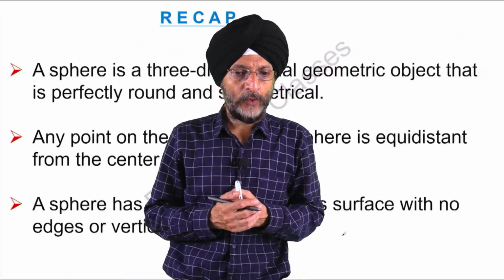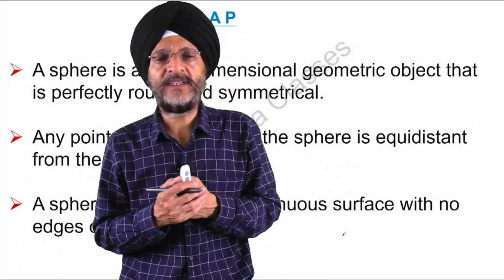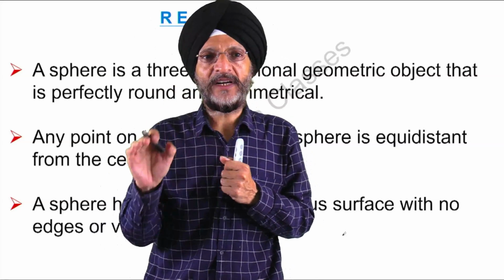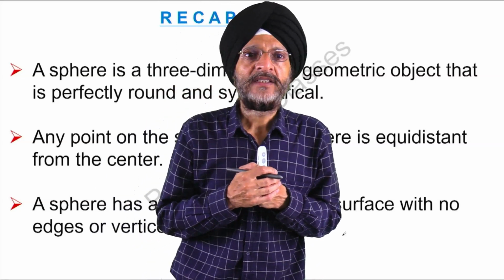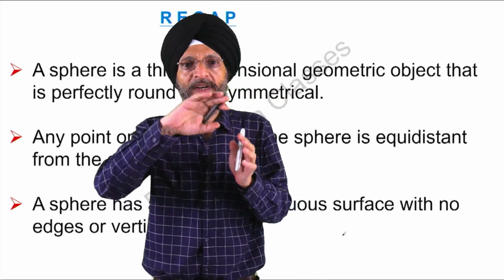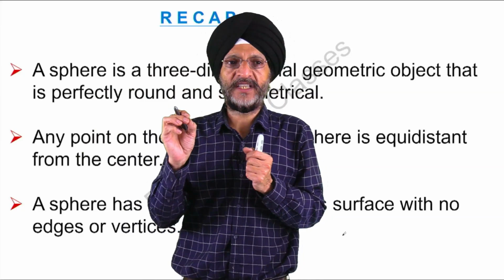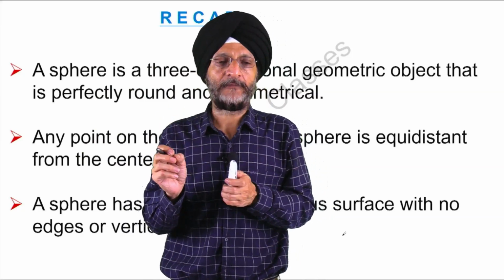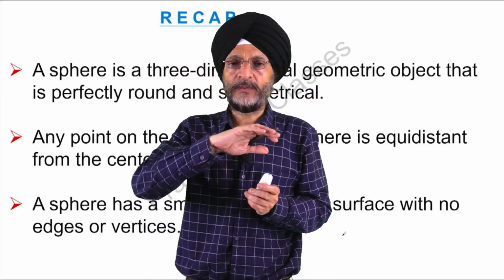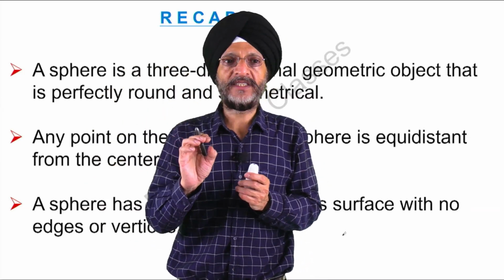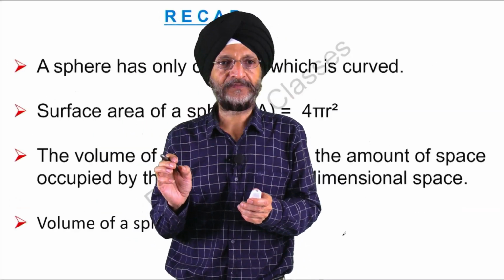Now we will do a recap. A sphere is a three-dimensional geometric object that is perfectly round and symmetrical. Any point on the surface of the sphere is at equal distance from the center. A sphere has a smooth and continuous surface with no edges and vertices.